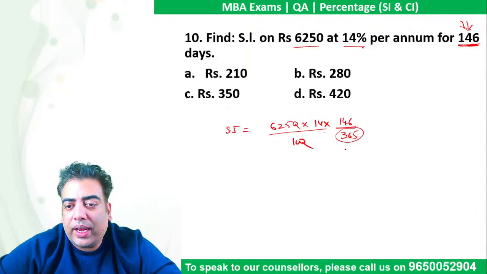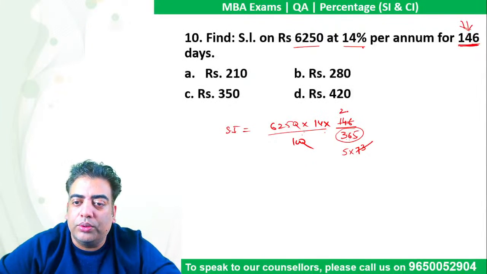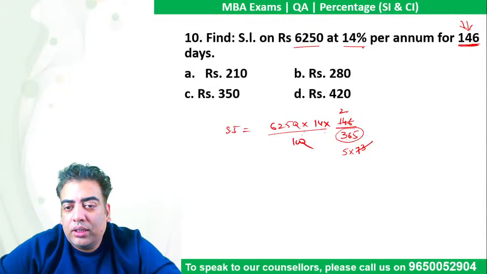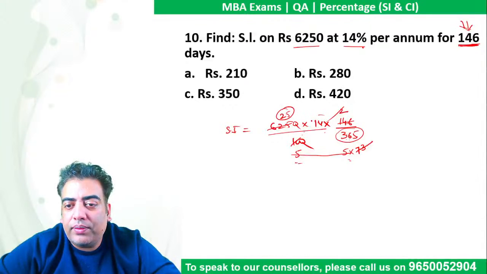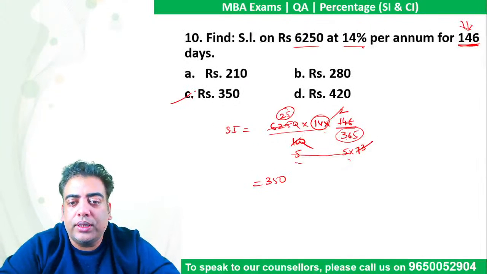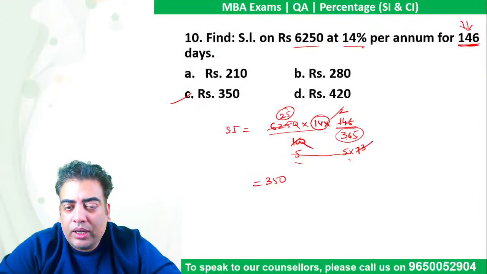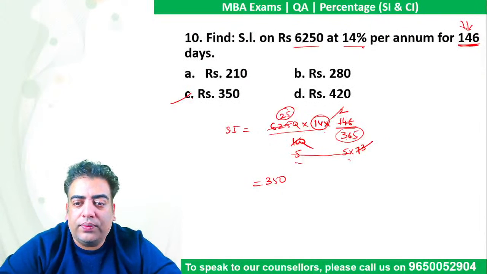So 5 7s are 35, 5 3s are 15. So 73 gets cancelled out here by 2, right? So then further it is 2 5s are 10 and 5 into 5 is 25. So 25 gets cancelled out here by 25, and 25 into 14, the answer comes out to be 350, which is option C. Aditya, not 280, 350.